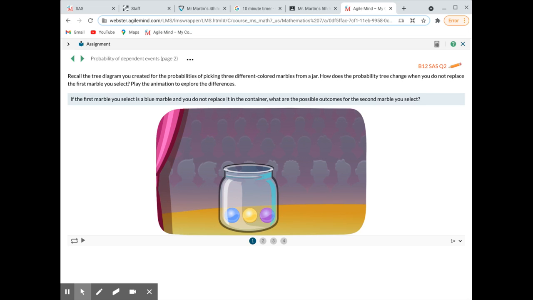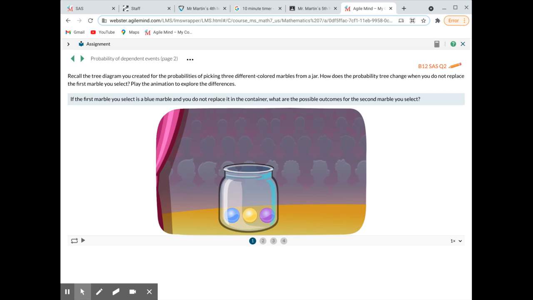Recall the tree diagram you created for the probabilities depicting 3 different colored marbles from a jar. How does the probability tree change when you do not replace the first marble you select?